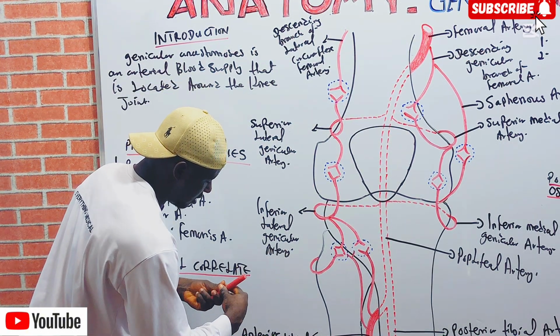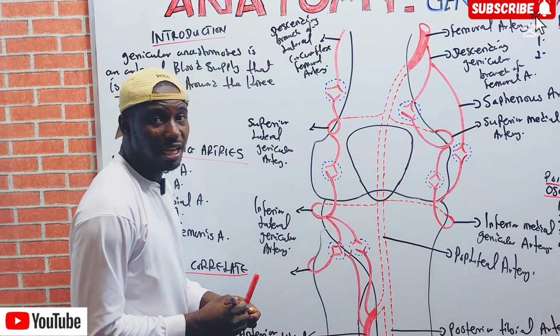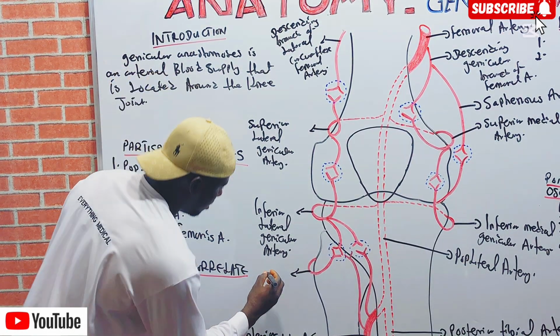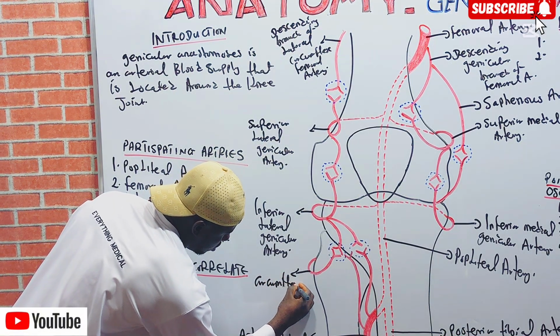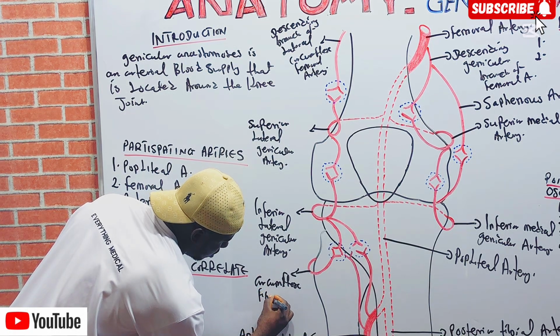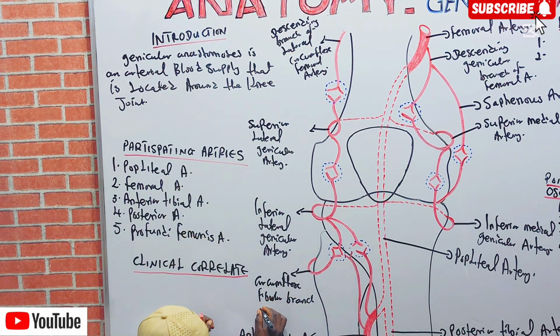Here is the circumflex fibular branch of the posterior tibial artery.